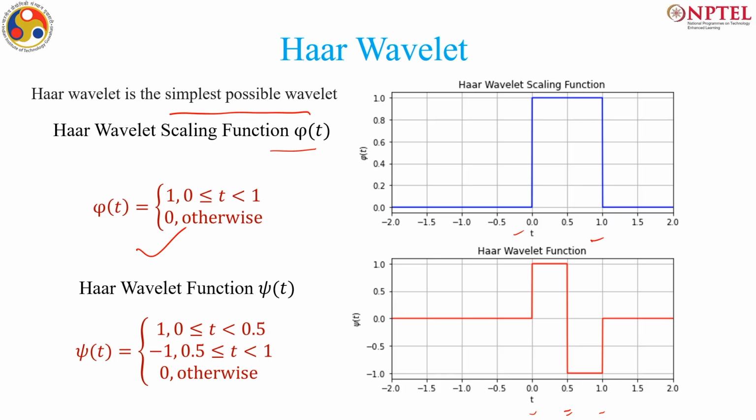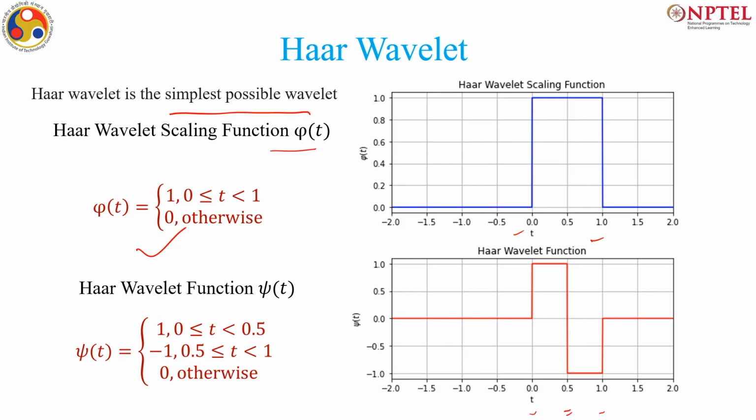Now, the first thing is that initially I said if we want to analyze square waves, and if I use a sinusoidal basis, it will take an infinite number of sines and cosines. But if we analyze with this function, then it will be much easier because we have these sharp boundaries.